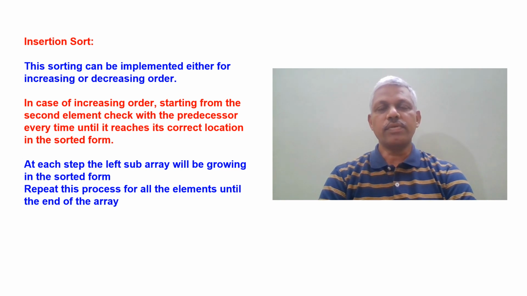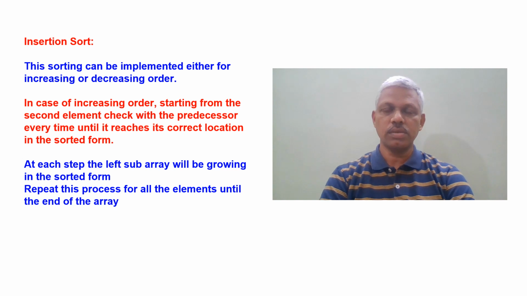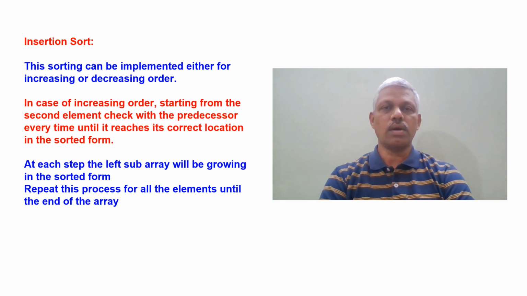So like this, every element will be compared with the predecessor and keep on swapping with elements in the left subarray until it reaches its corresponding position in the sorted subarray on the left hand side. So gradually, starting from the left hand side, the subarray keeps on being sorted, until we reach the last element.